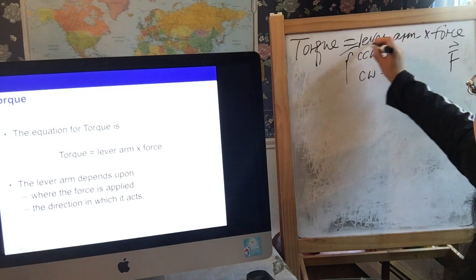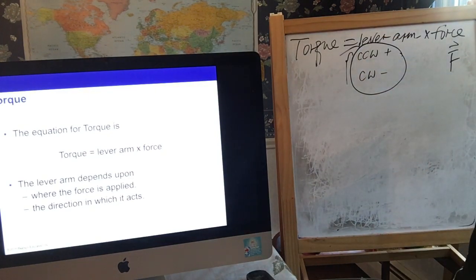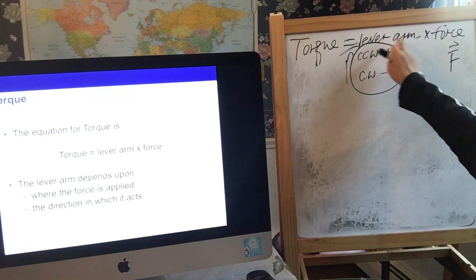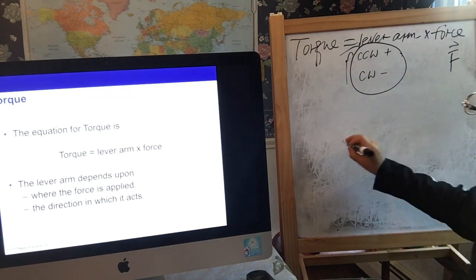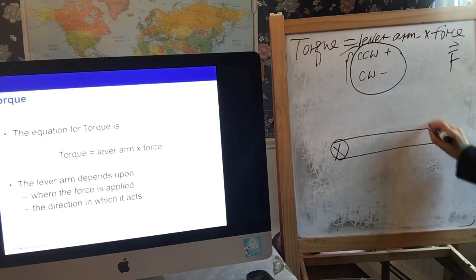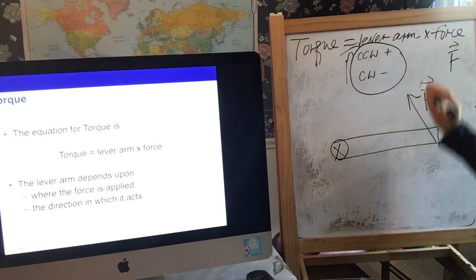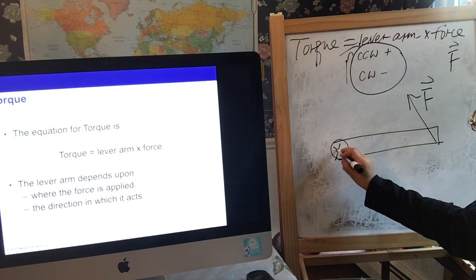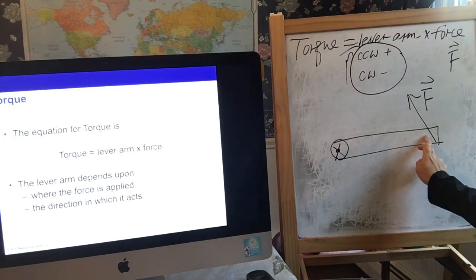The last thing is, when you find the torque, you need to decide whether this torque is positive or negative. Let's say in this case the force is generating a counterclockwise rotation. Here again, this is the axis of rotation.